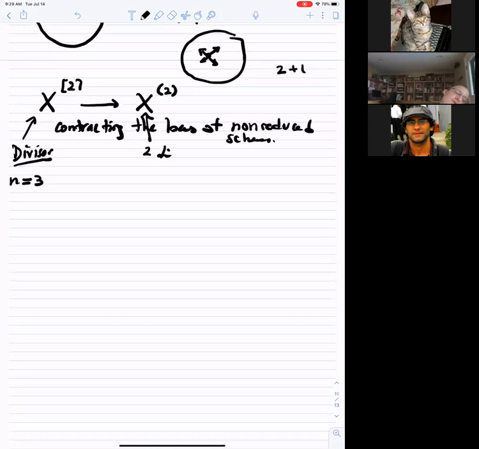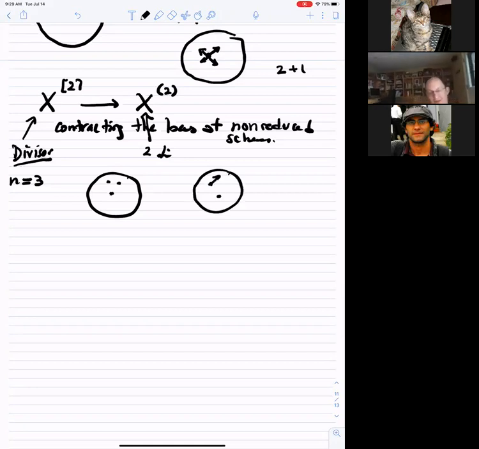If you have 3 points, of course, what you could have is 3 distinct points, or just as we said, 2 of the points can collide and you have another point. But the interesting thing is what happens if all 3 points collide, right? One way you can write something of length 3 is something like this.